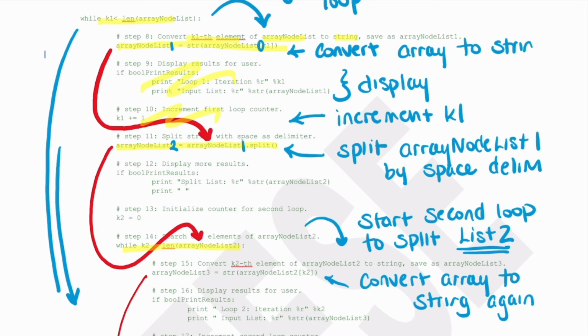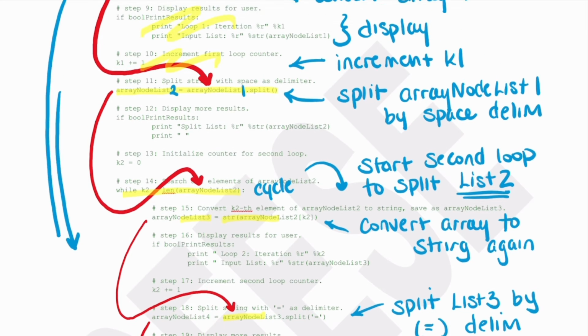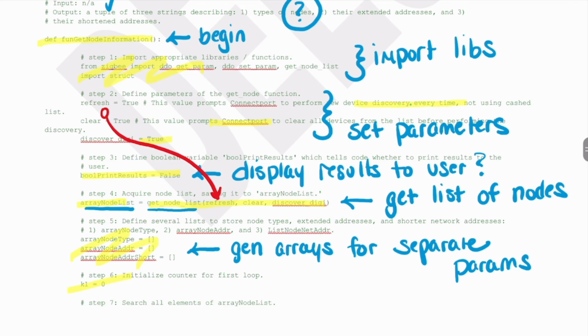We then are going to cycle through the elements of list 2 and convert that to a string, which becomes list 3, and then later split that. So you can see this is the way that we are going to be able to parse the values of essentially what's returned in the very beginning by get node list right here.